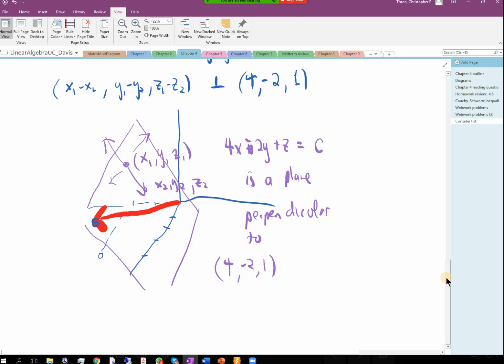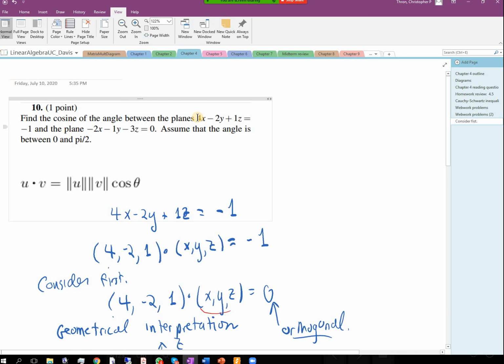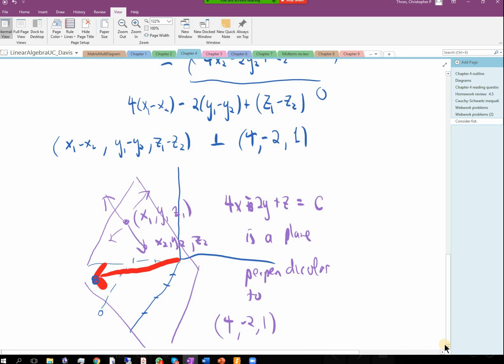All right, now remember, so far we've only been dealing with one of our two planes. We have two planes here. This one here, I'm just going to grab this again and bring it down.